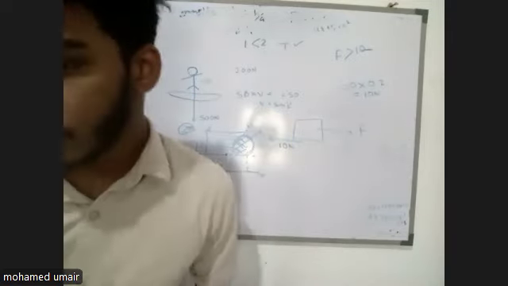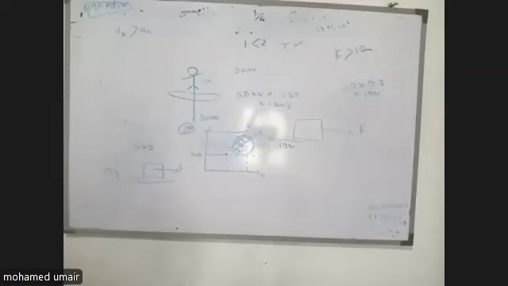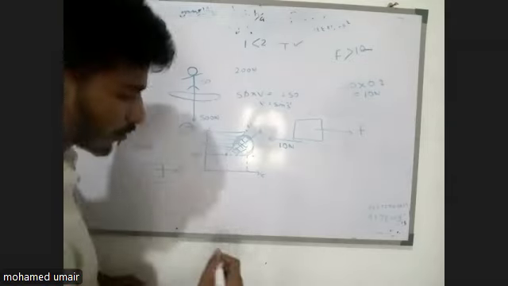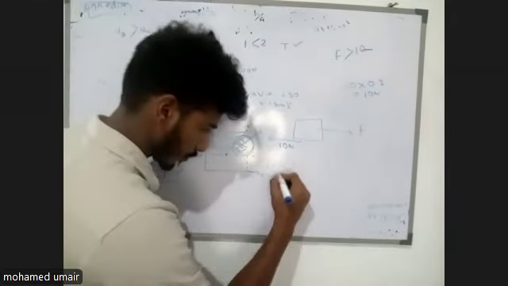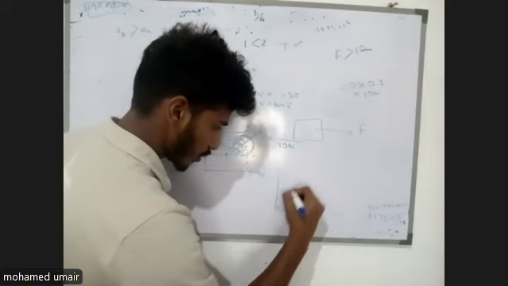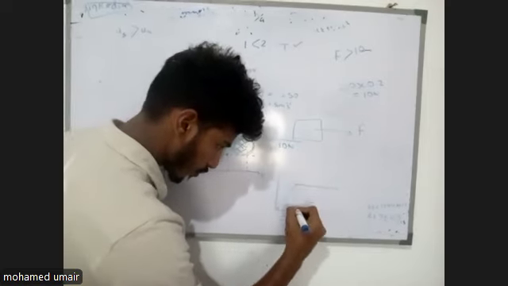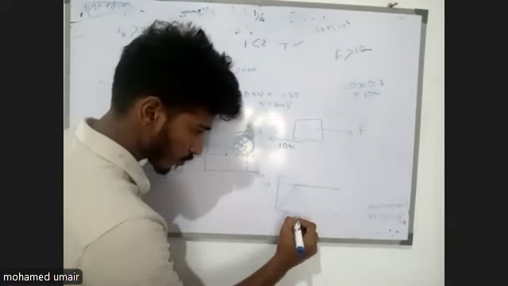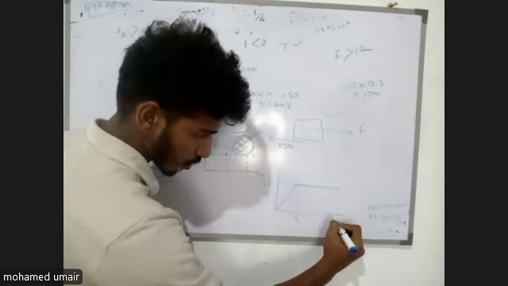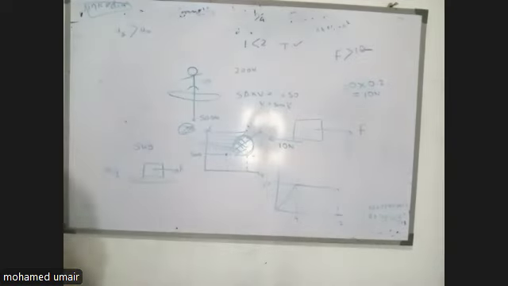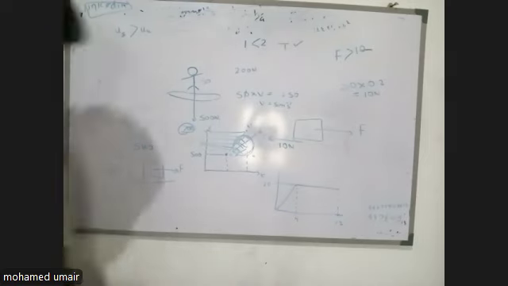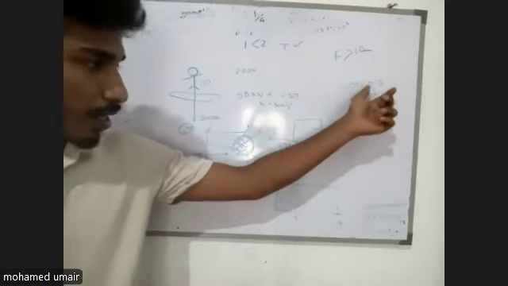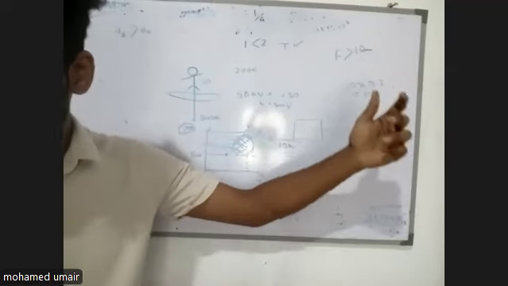Okay. So let's see what you are going to do here. They have just given you the force time graph. Now just say me, if I provide a force like 8 Newton, the object wasn't moving, right?